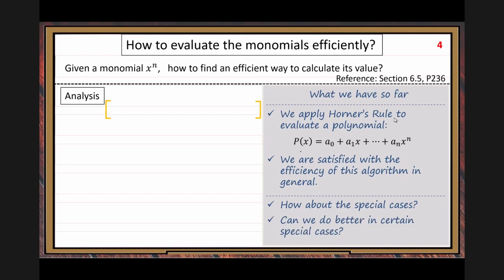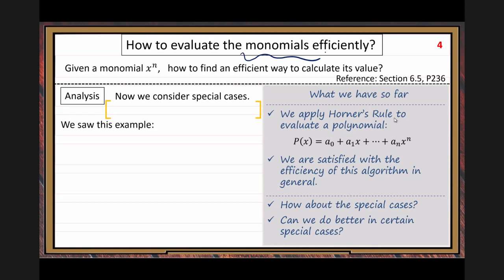Can we do better in certain special cases? Here, the monomial is a special case. If you still apply Horner's rule on a monomial, then it is very slow. Not good. Now we consider special cases.